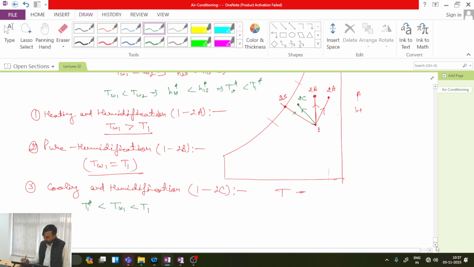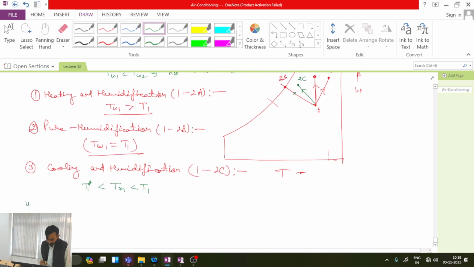Process number 4. Again cooling and humidification, but in which manner? Adiabatic manner. Let me name the process 1 to 2D. In this case, what must happen?